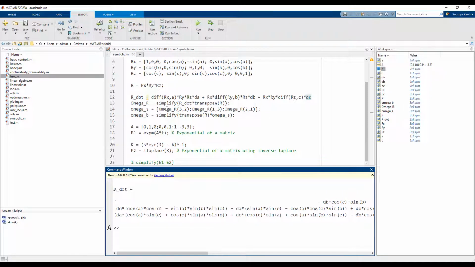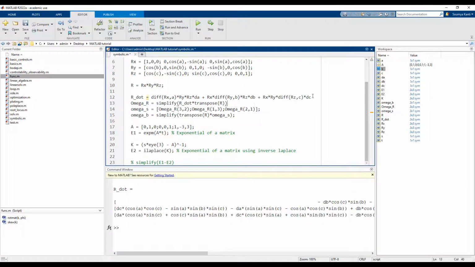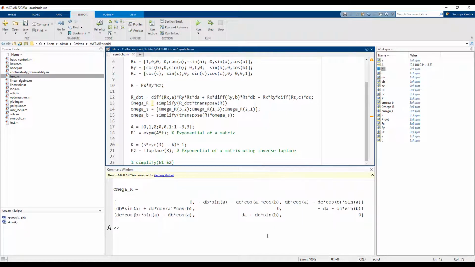So similarly, I can find out what is that omega r. Okay, so omega r is like r dot r transpose, and if I want to see the output of this, so this is r omega r. You can see this is actually a skew symmetric matrix also. So the diagonals are 0 and the off diagonal terms are kind of negative of each other here.